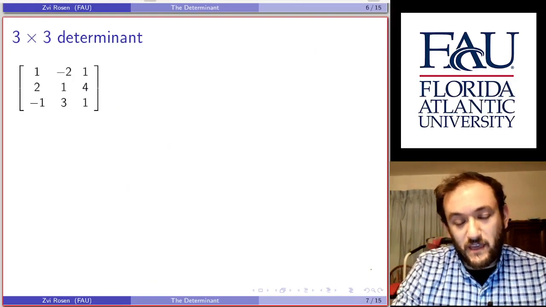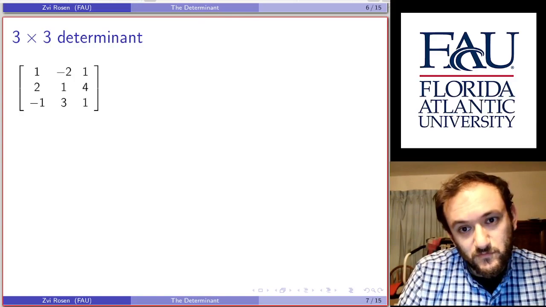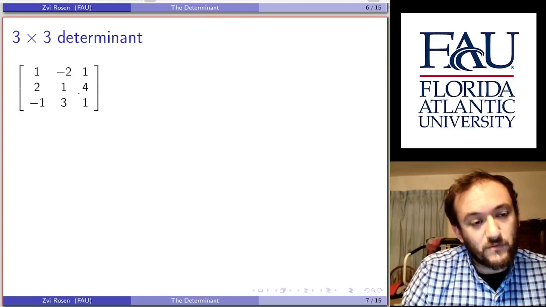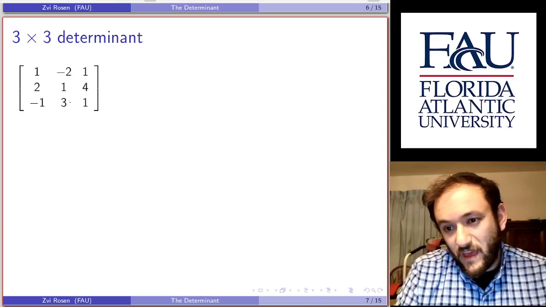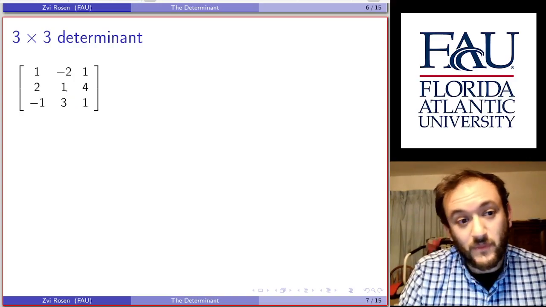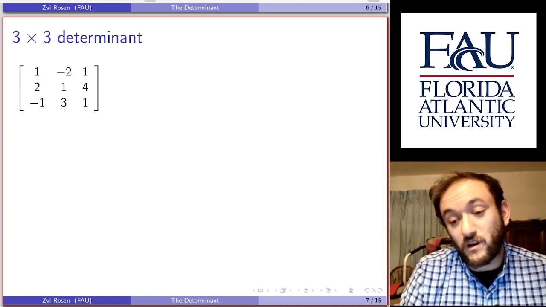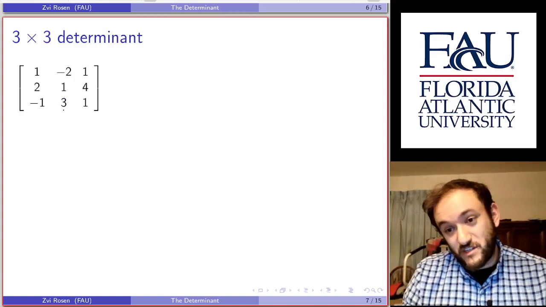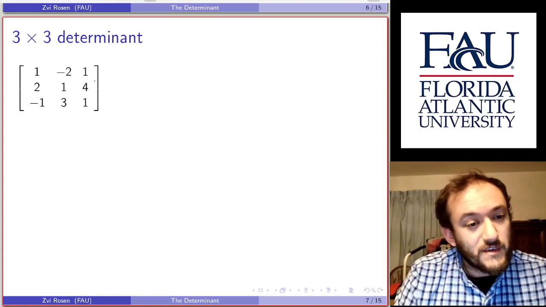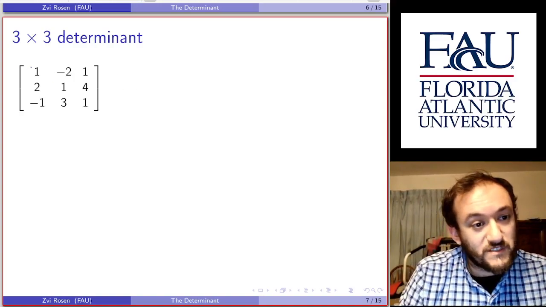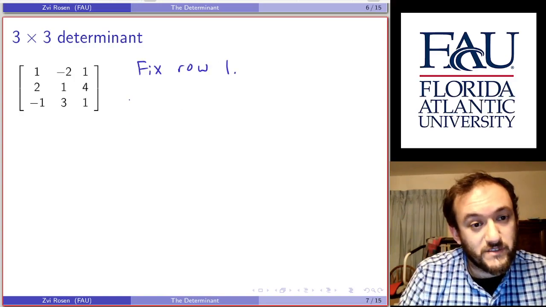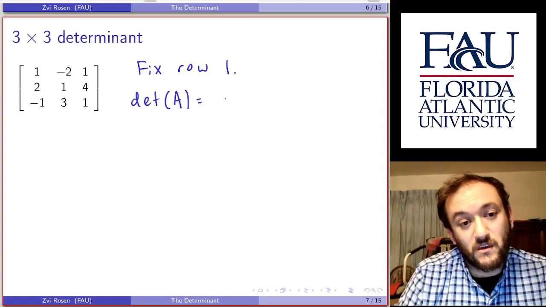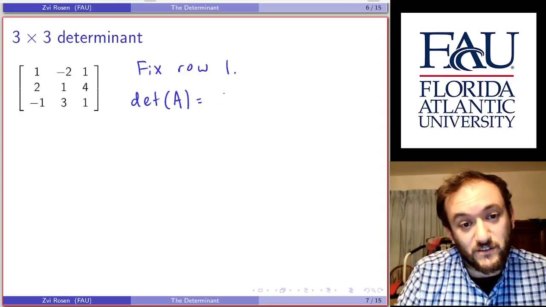Let's do a 3 by 3 determinant. What we said is we have to fix any row or column. And it didn't tell us which row or column to fix. That's one of the miracles of this definition, it actually doesn't matter which one you use. So let's just do the top row. So we're going to fix row 1. The determinant of our matrix is going to be the sum of the entries times their corresponding cofactors.